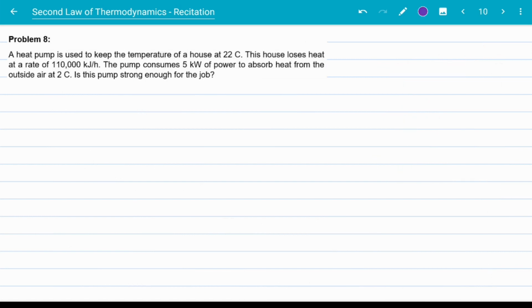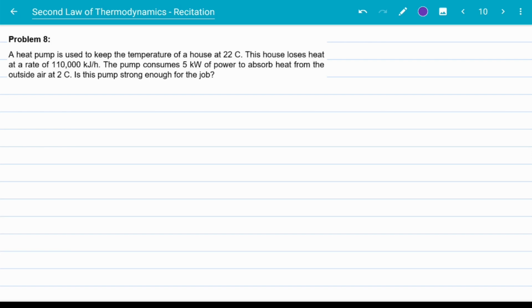All right, problem 8. We have a heat pump that is keeping the temperature inside the house at 22 degrees. Now, this house is losing heat at a rate of 110,000 kilojoules per hour. This pump is consuming 5 kilowatts of power to absorb heat from the outside air, which is at 2 degrees Celsius. Now, the question is, is this pump strong enough to do this job?